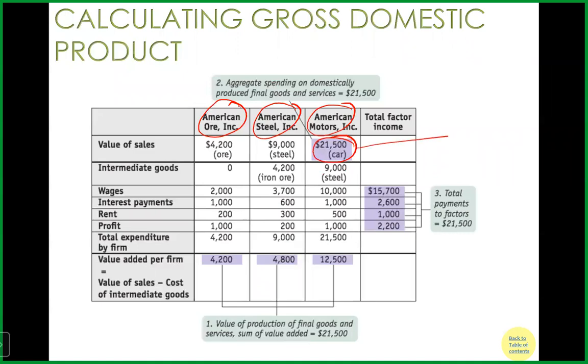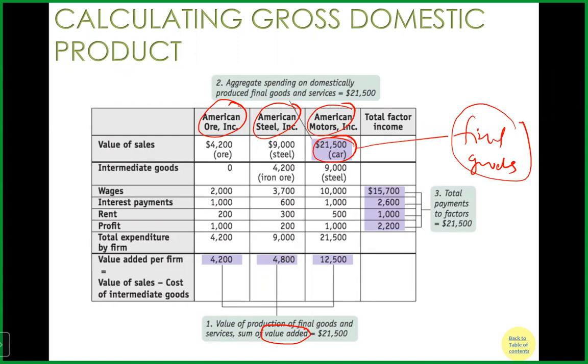Car is the final good. So you can either look at the final goods, or alternatively, the sum of value added. So now let's look at the sum of value added.